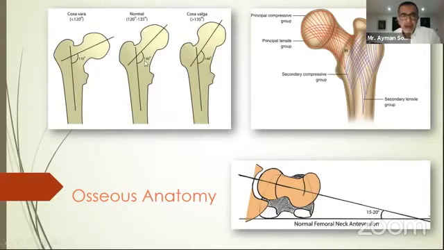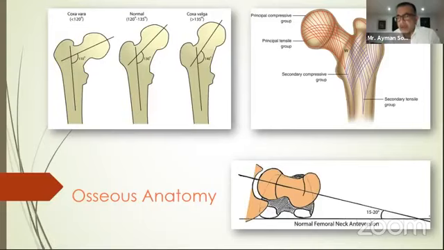This neck shaft angle is normally somewhere between 120 and 135. If it's less than 110, it's called coxa vara, and if it's more than 140, it's coxa valga. The neck of the femur also has an anteversion, which is normally somewhere between 15 and 20 degrees.